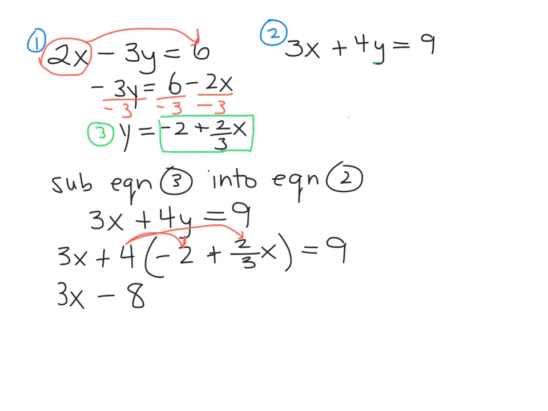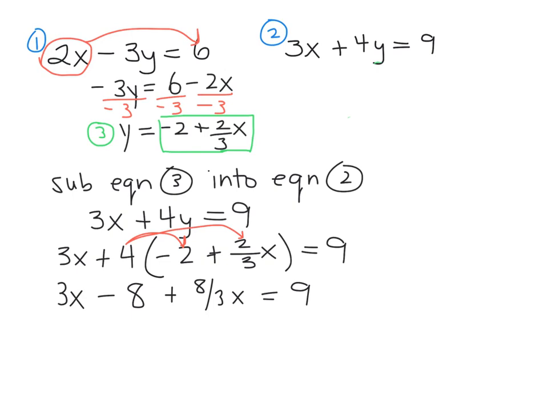So you could go ahead and put that into your calculator if you're not comfortable multiplying fractions on your own. So 4 times 2 over 3 is going to give you an improper fraction of 8 over 3x. So we've got 3x minus 8 plus 8 over 3x all equal to 9.